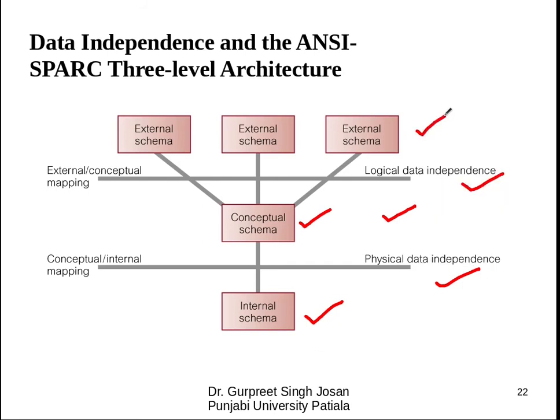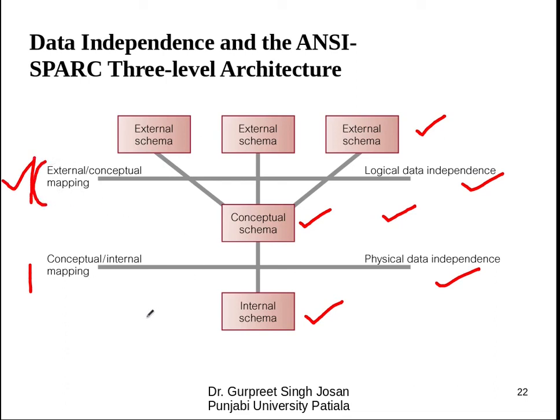Whatever change is applied on these schemas must be mapped somewhere, so we have two mappings: external to conceptual mapping and conceptual to internal mapping. Whatever changes we apply on the conceptual schema will be consumed by a small program called the external to conceptual mapping program.